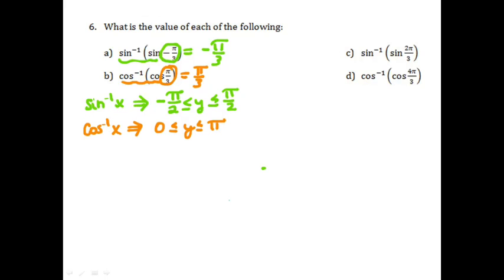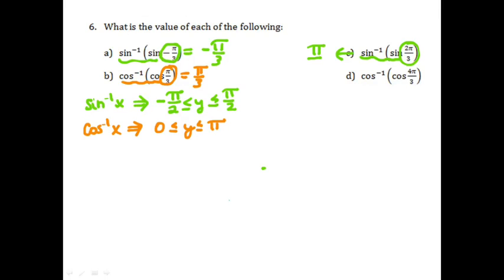Let's look at these questions over here. Inverse sine and sine of 2 pi over 3. This time I'm considering 2 pi over 3, and 2 pi over 3 is not between negative pi over 2 and pi over 2. 2 pi over 3 is not an acceptable result for inverse sine, so we need to change it. I'm going to write the result over here since I'm out of room at the side.